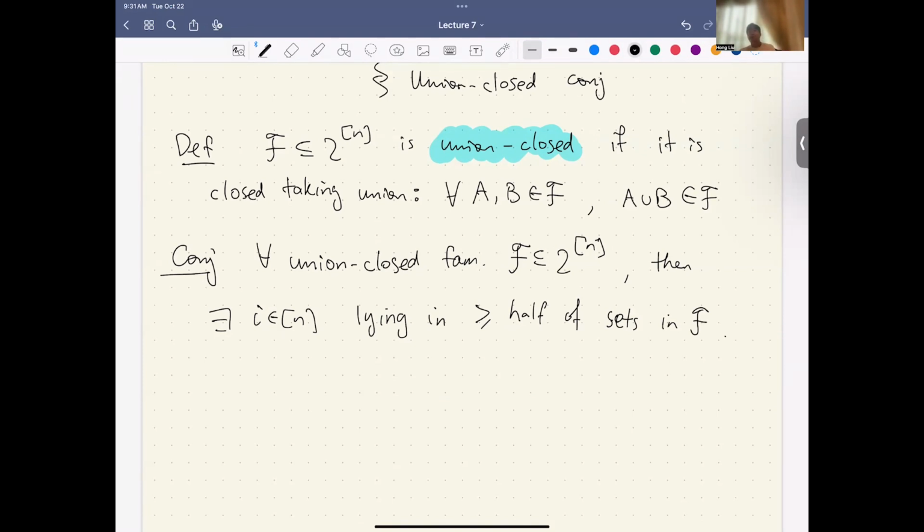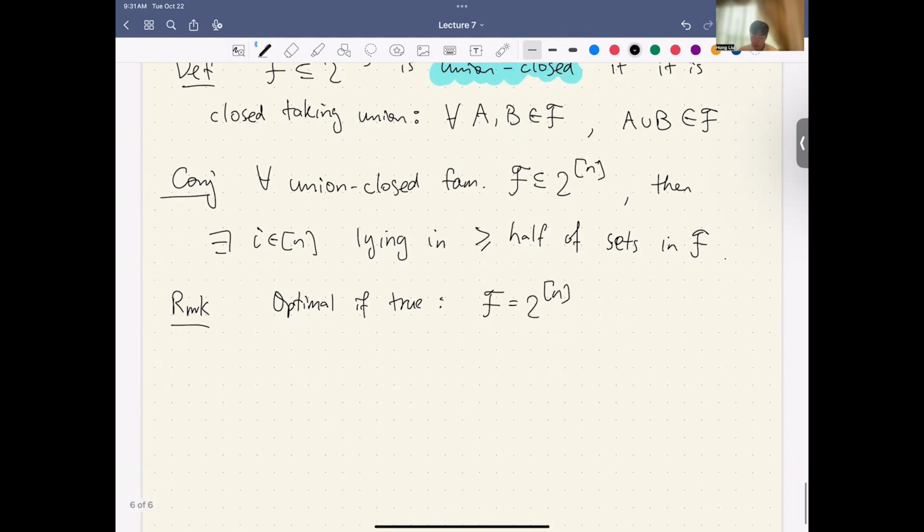Just consider F to be the whole power set. Every element is contained in half of the sets in 2 to the N. Okay.